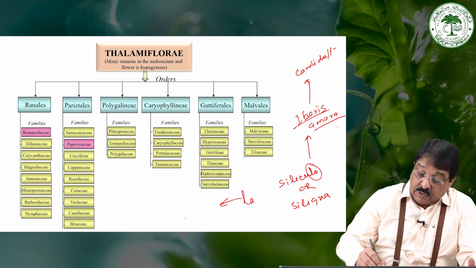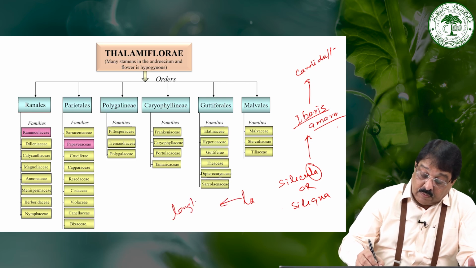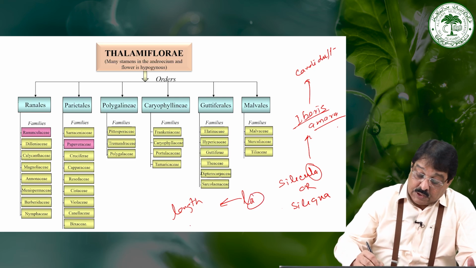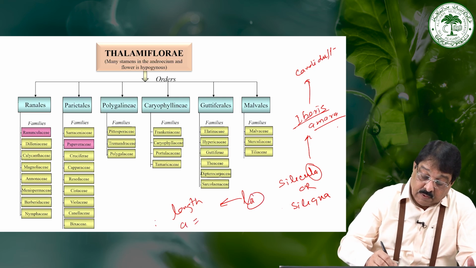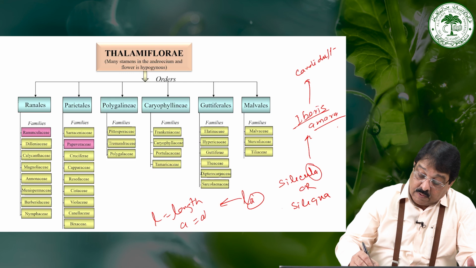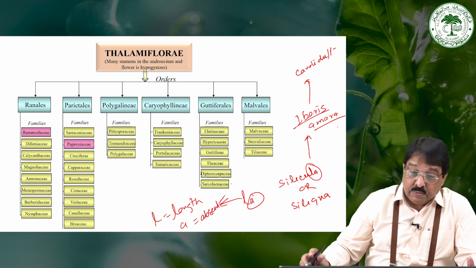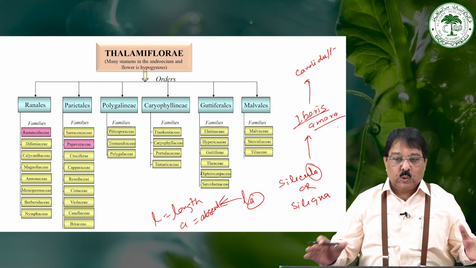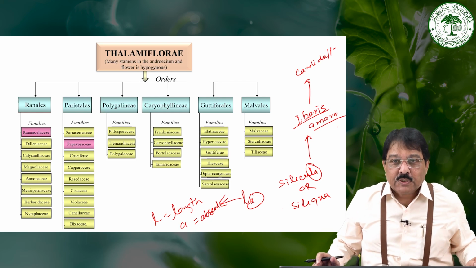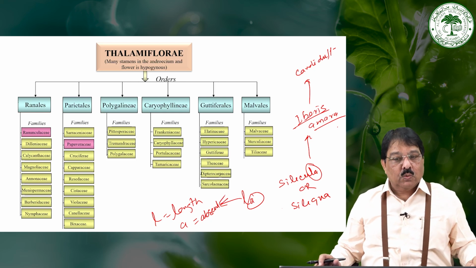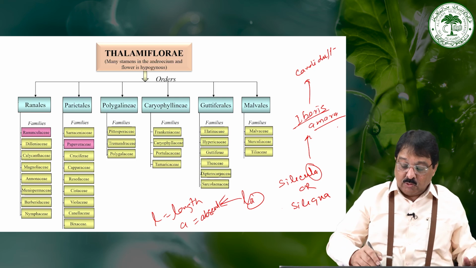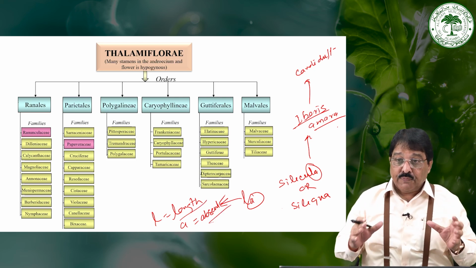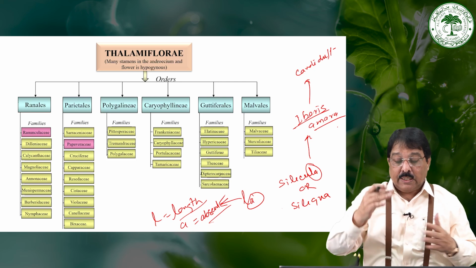L stands for length and A means absent. I'm telling you the rough method to remember the difference between the siliqua and silicula. Length is absent. It means the fruit will be broader than the length.